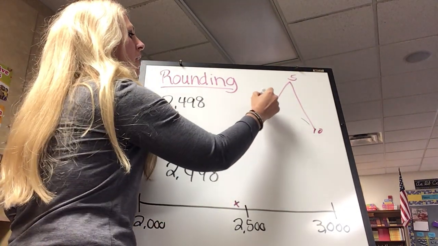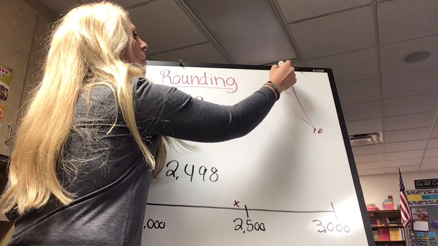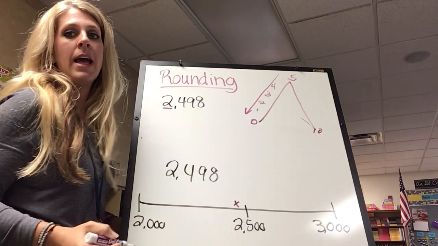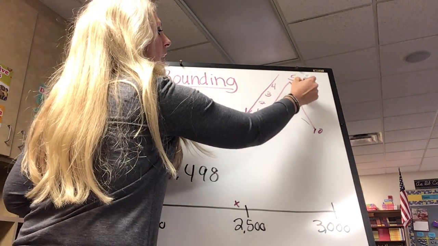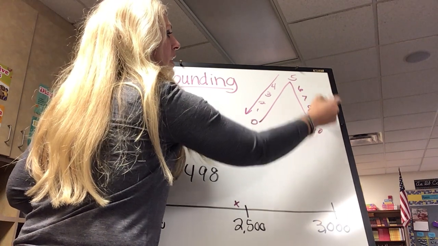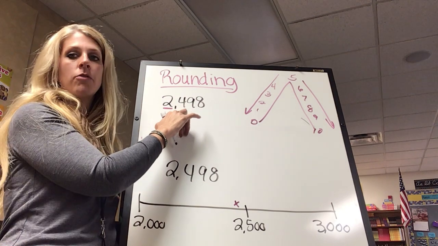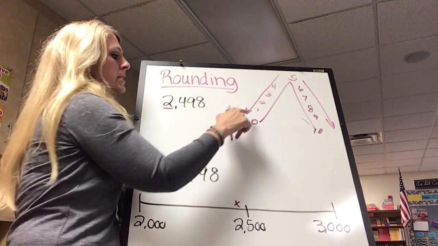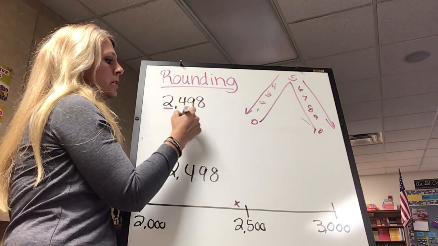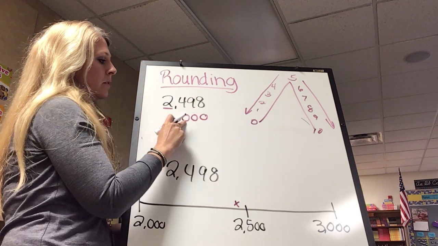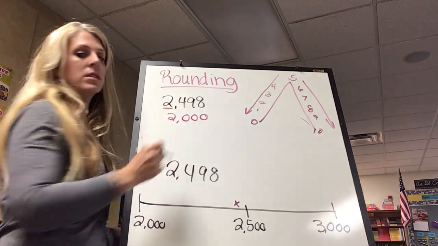So if you have any number less than 5, it rounds down. And if you have any number 5 and higher, 6, 7, 8, 9, 10, it rounds up. So I'm looking to the right and I'm thinking 4 rounds down. So I'm going to zero out my digits and leave my thousands place there.